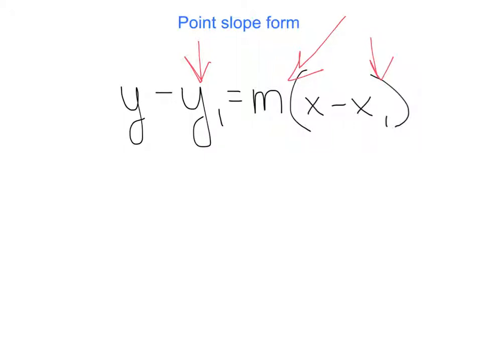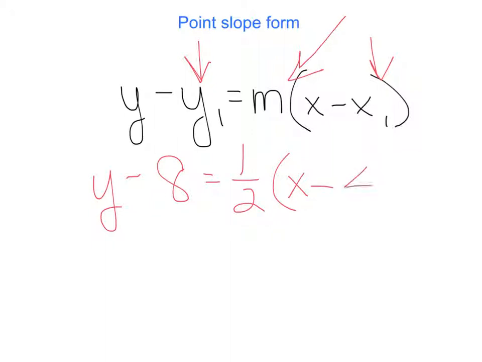And if you do that, then you are usually left with an equation that would look something like y minus 8 equals 1/2 (x minus 4). And this is just a little bit of an example. There'll be another example to follow.